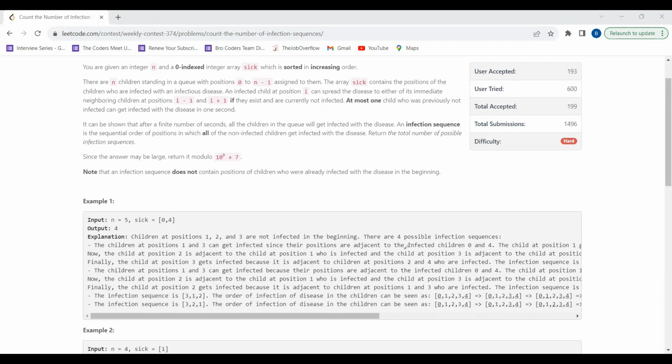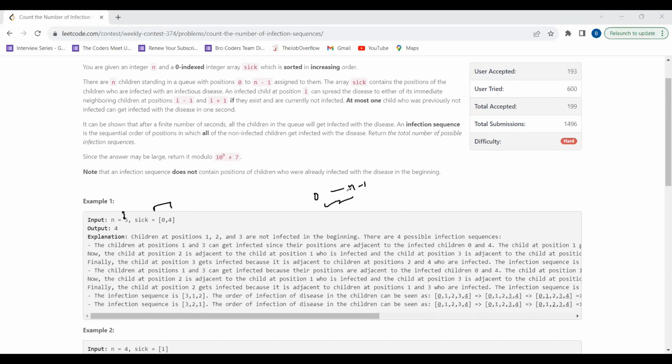So suppose we have got n, and then we have got an array. We have got some people from 0 to n minus 1, and out of all the people from 0 to n minus 1, some people are infected.